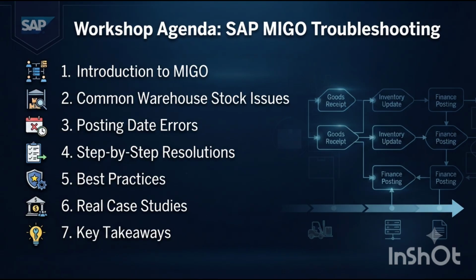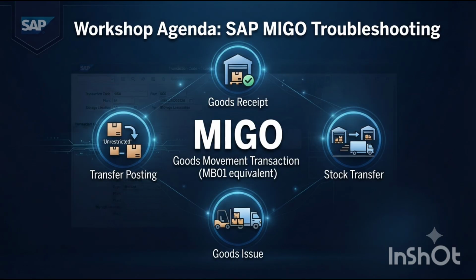Let's get started with the fundamentals of MIGO. SAP MIGO is the primary transaction used for goods movement in SAP MM module. It replaced the old MB01 transaction and is used for goods receipt, goods issuance, transfer posting, and stock transfer. In simple words, MIGO is where physical movement of materials is recorded in the system.